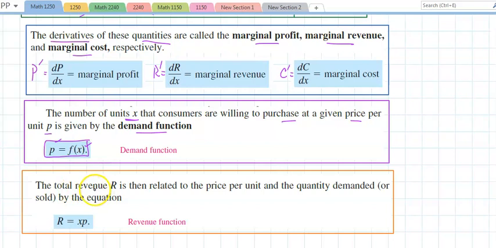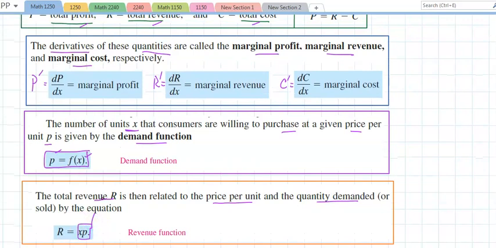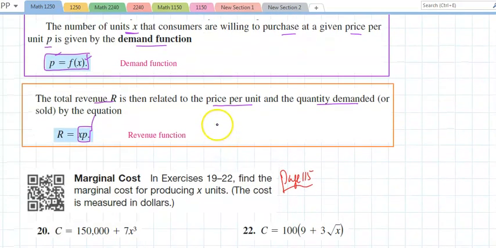The total revenue is then related to the price and the quantity by revenue is the number of units times the price per unit, and that should give you the total revenue.